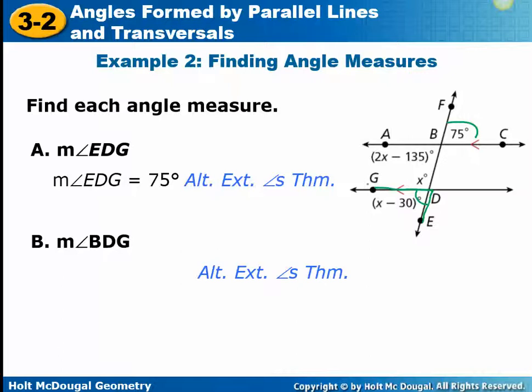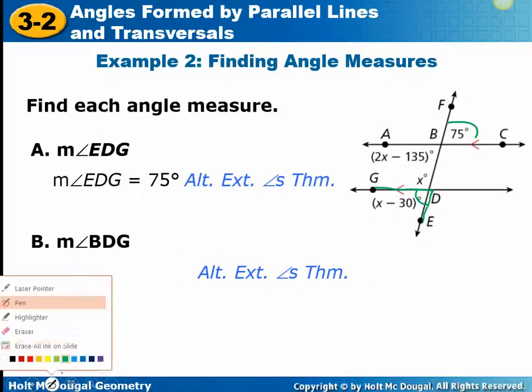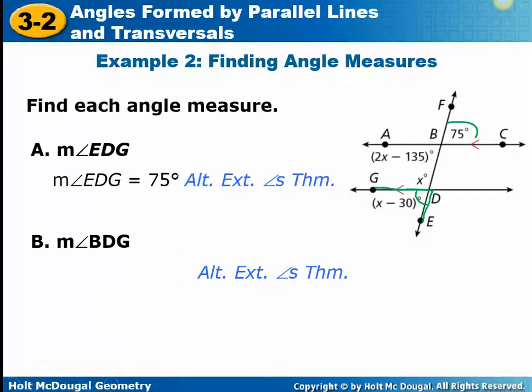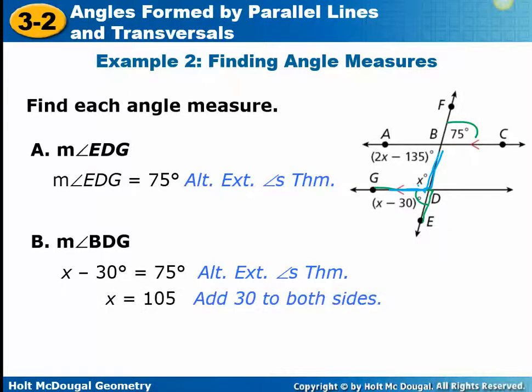Now the next one is angle B, D, G. Where's B? Okay, that's angle X. Well, I can find x because the alternate exterior angles theorem says that x minus 30 is equal to 75. I add 30 to both sides, and I'll have that x is equal to 105.